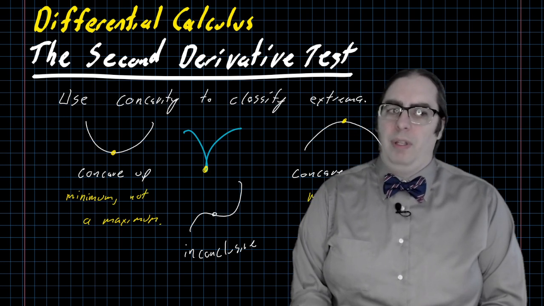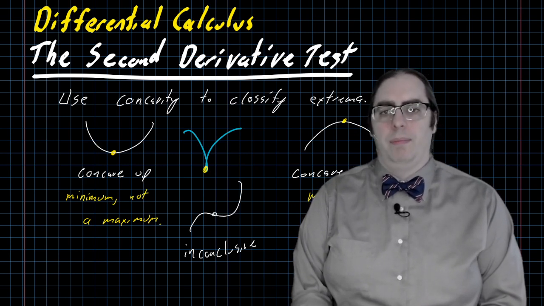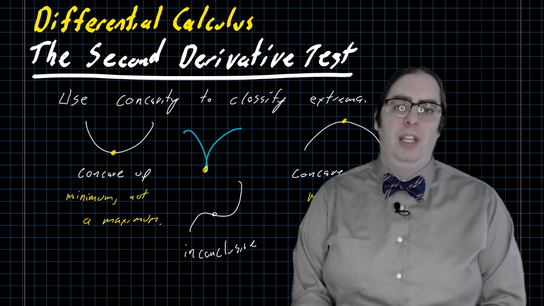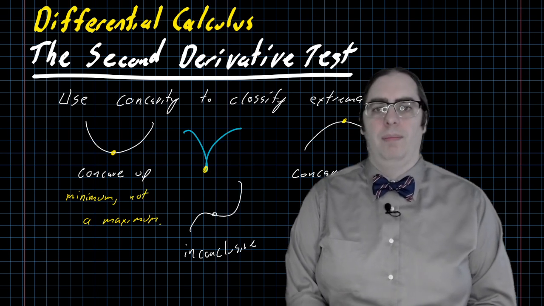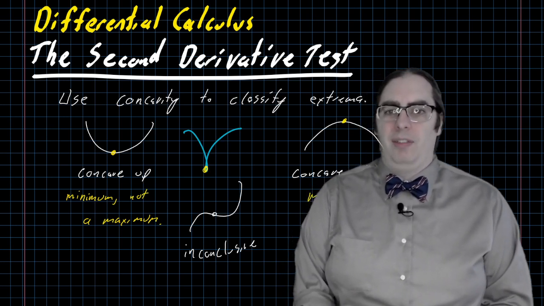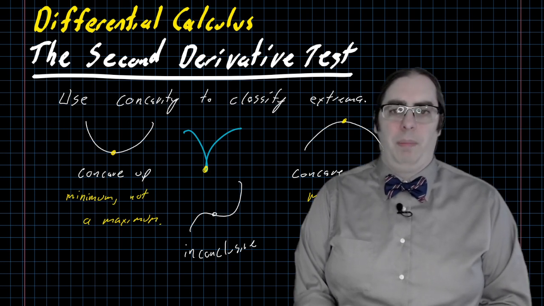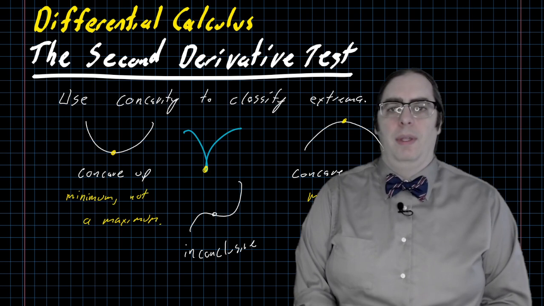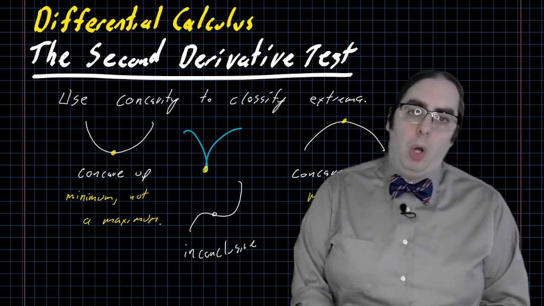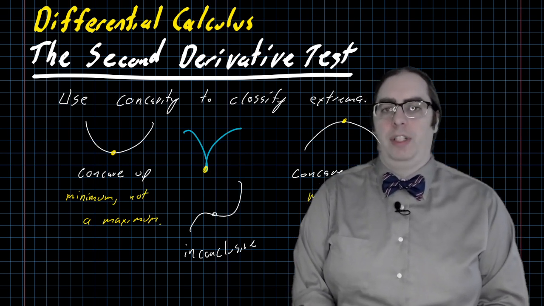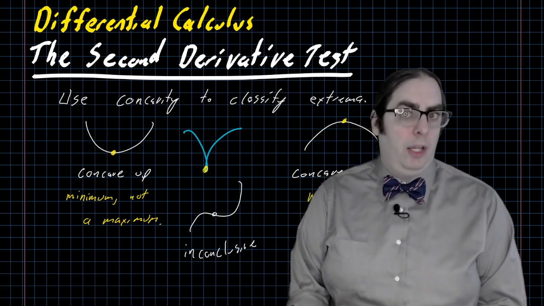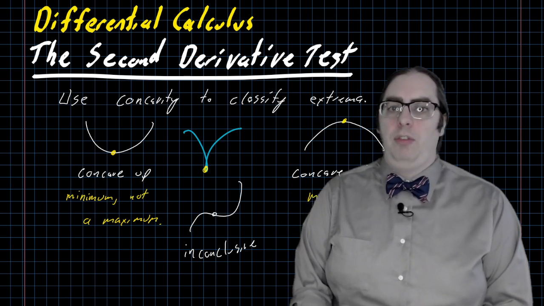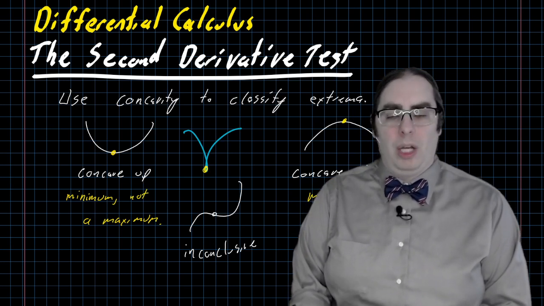And that leads us to an interesting question. If the second derivative test can be inconclusive, why would we use it over the first derivative test? The answer to that is kind of a vague, well, because we can. If you happen to already know the second derivative of the function, or you need to know the second derivative for some other purpose, then this becomes a very easy to accomplish test.